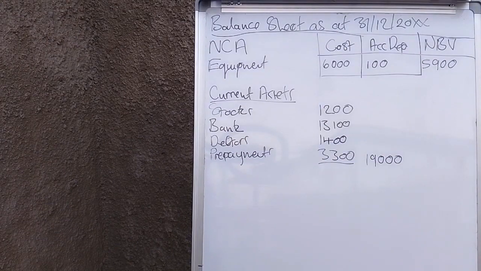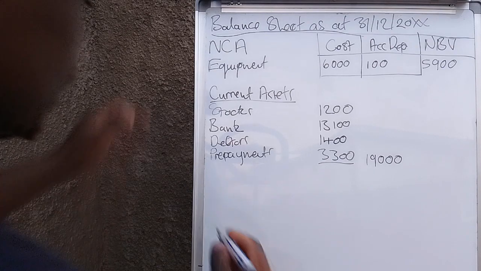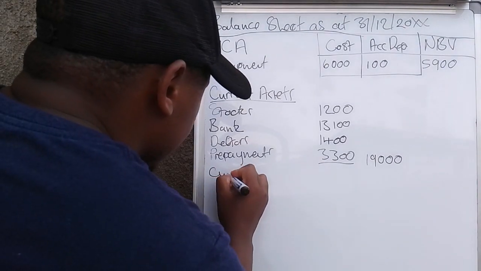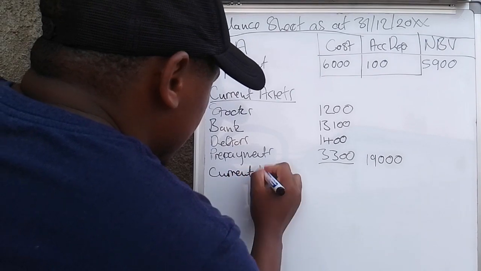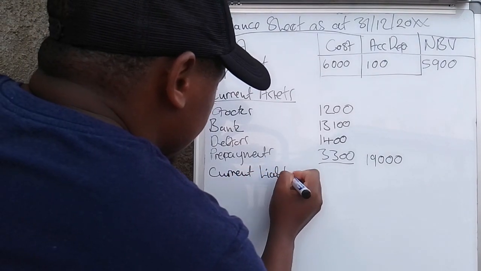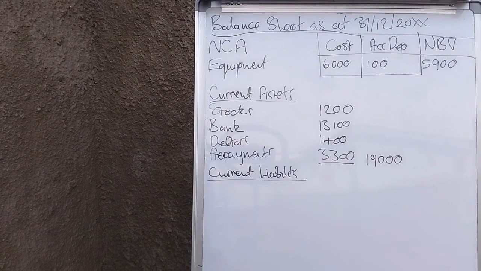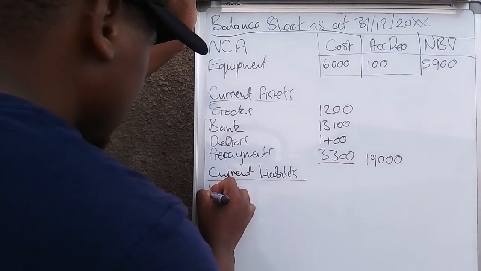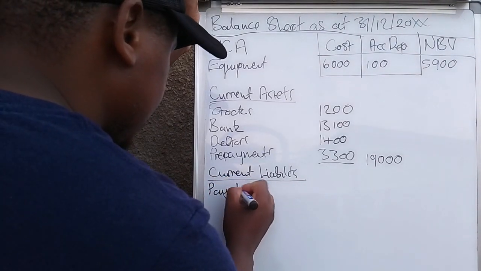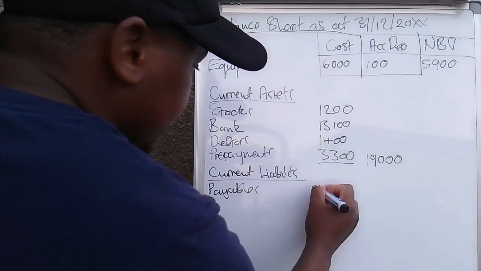We also have to list current liabilities that we have. What do we have on current liabilities? We have payables at 700.